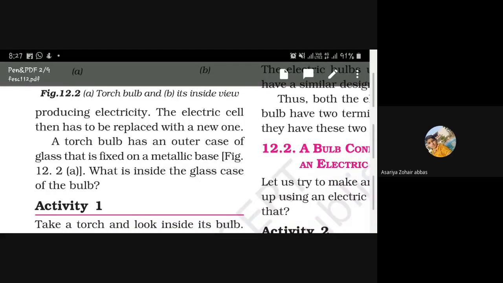And then what we are doing if the cell is not working, we are replacing it with a new one. So if the chemical is finished, the cell will stop producing electricity, and then we will change it with a new one. Yes, continue. A torch.